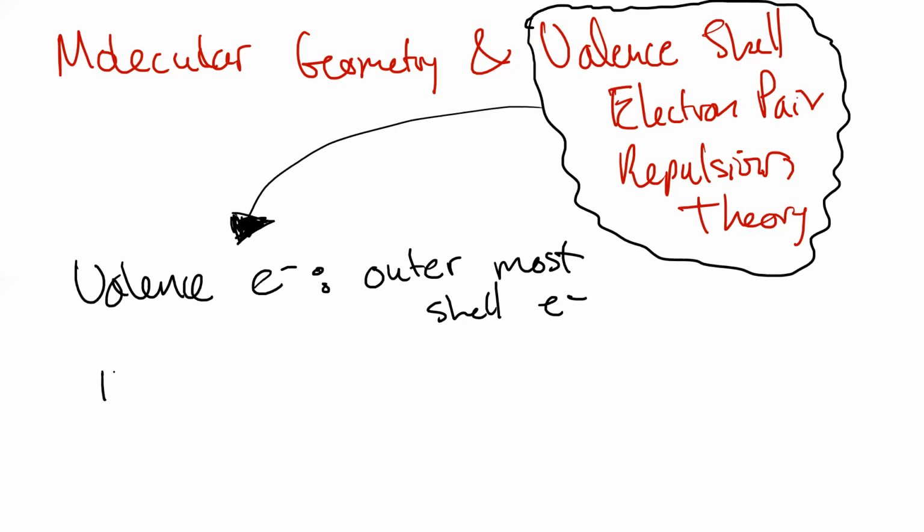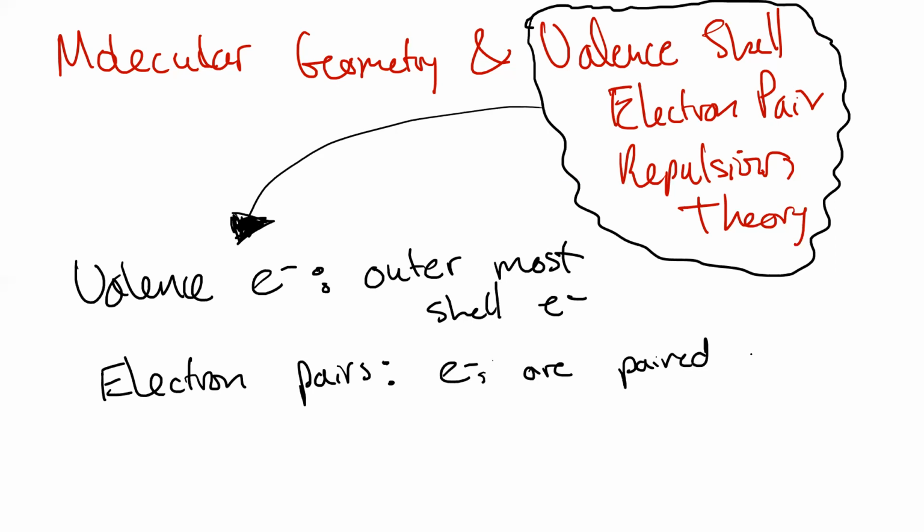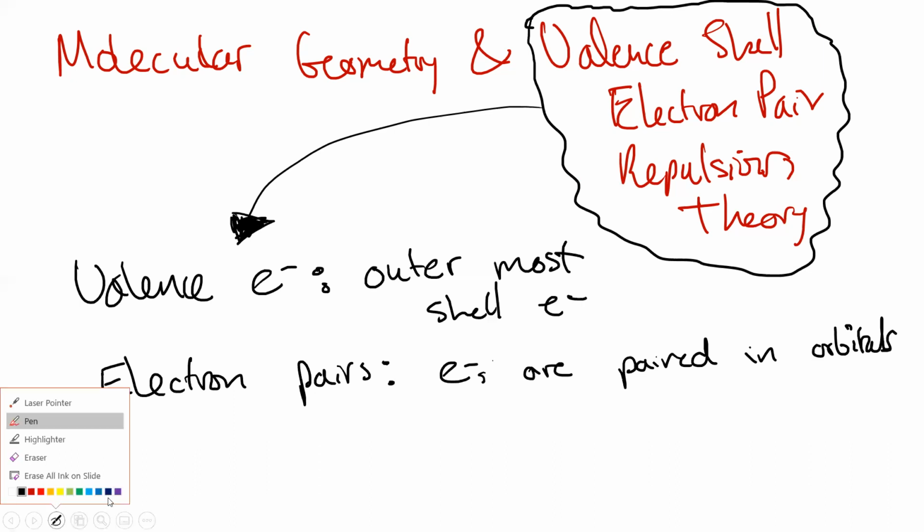Now, electron pairs. We know that electrons, and that's a plural, are paired in orbitals. Once you've created a molecule, generally all your electrons are going to be paired up, usually.